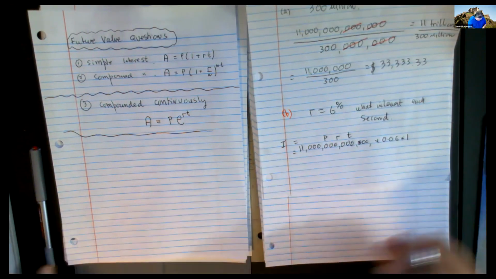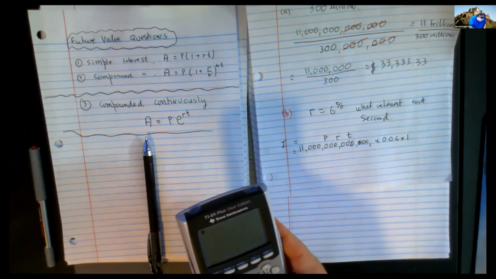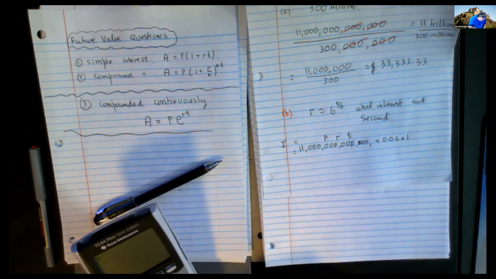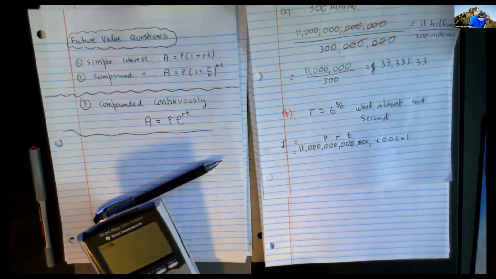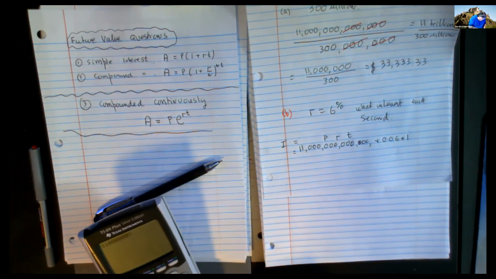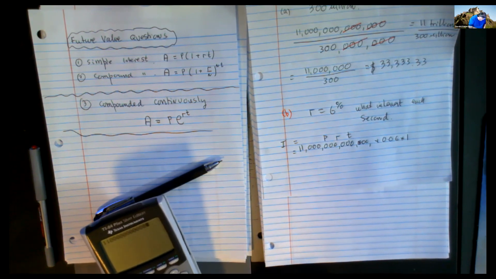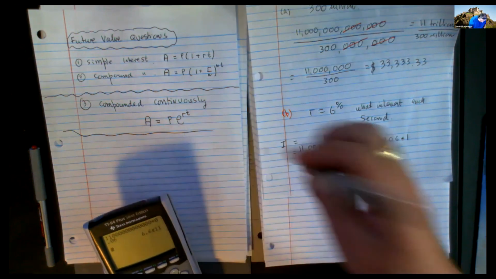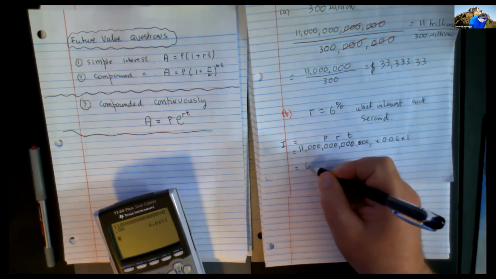Okay. 11 trillion, with all its zeros, times 6%. My calculator has got this.